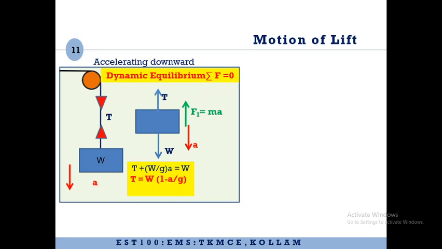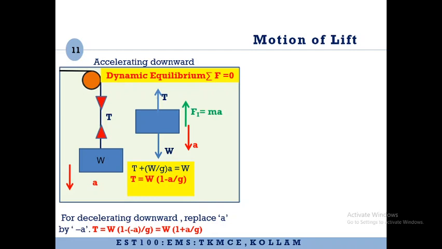Now let us consider how we will analyze problems where the lift is decelerating in the downward direction. If it is decelerating in the downward direction, all you have to do is replace a in this particular equation by minus a.